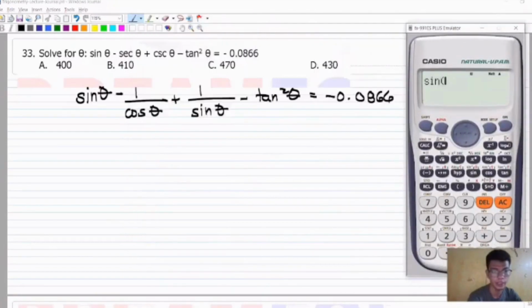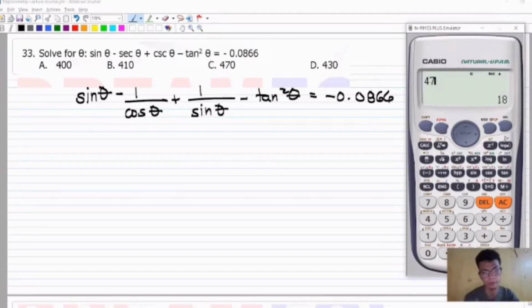So sine theta minus the fraction 1 over cosine theta plus the fraction 1 over sine theta minus tangent theta na naka-square, and that must be equal to negative 0.0866. And sabi nga natin, shift solve and then maglagay sa mga choices.